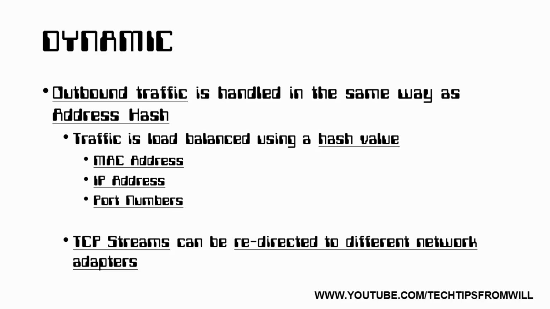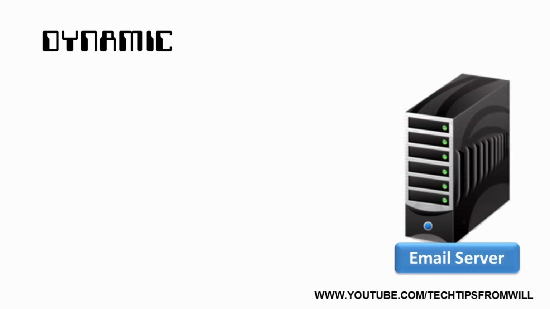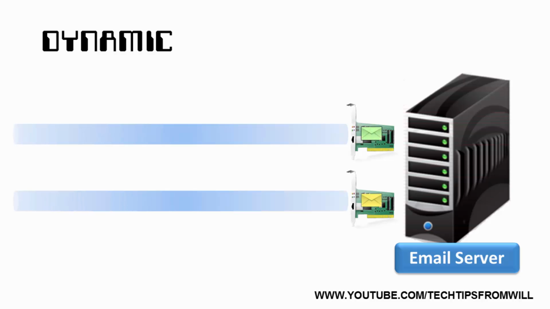To visualize this better, let's take the example of a busy email server. This server has 2 network adapters that are combined into a NIC team. At present, there are 2 TCP streams, one on each adapter, sending data packets over the network.